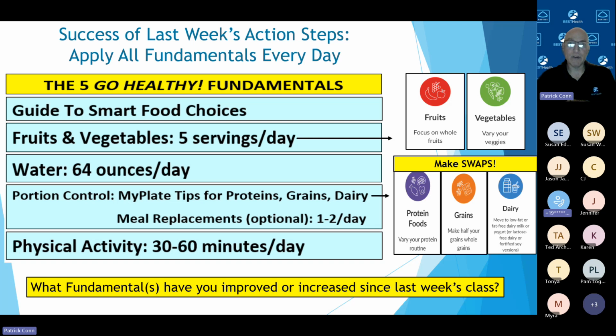Remember, protein foods was varying your protein routine, grains was making half your grains whole grains, and dairy products is moved to low fat or fat free. Okay. And then you had that option of meal replacements, which, if you do recall, was the frozen entrees, the protein shakes, and the nutrition bars. One, but no more than 2 a day if you do choose to use meal replacements.